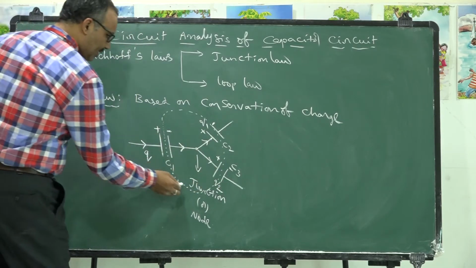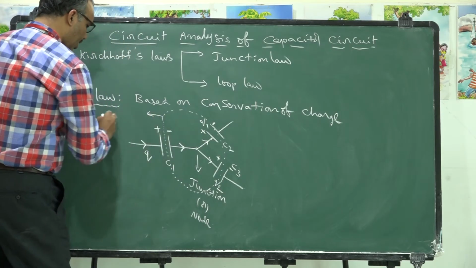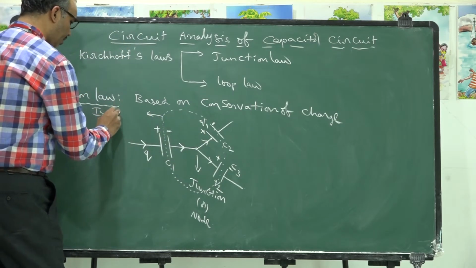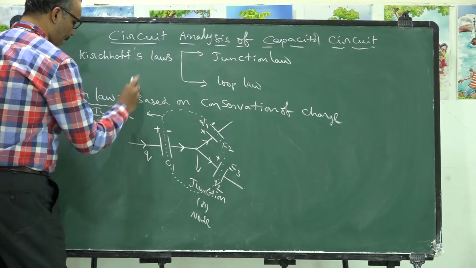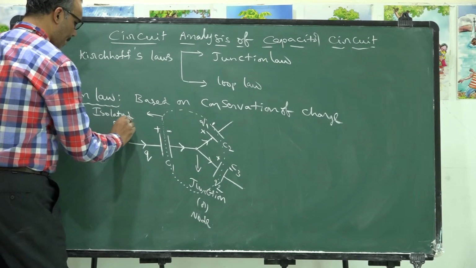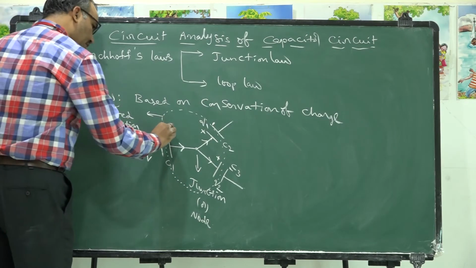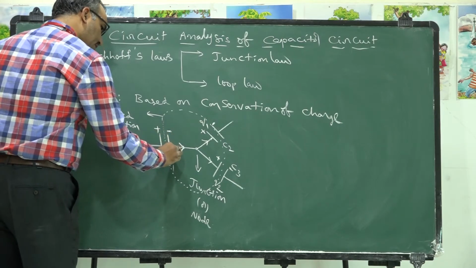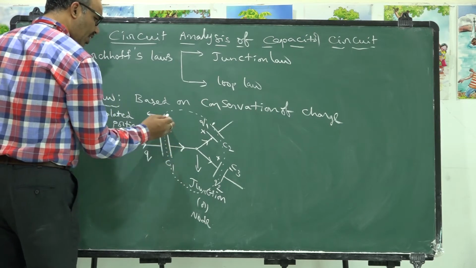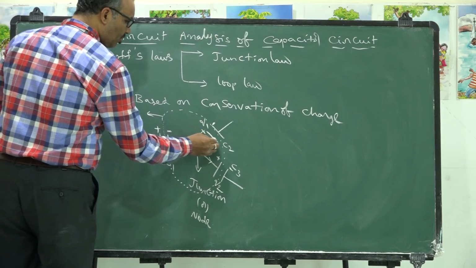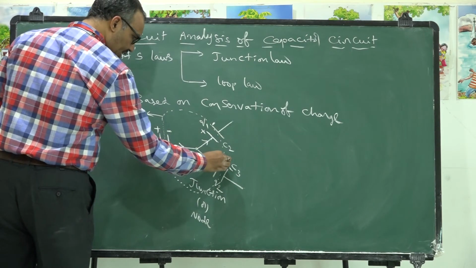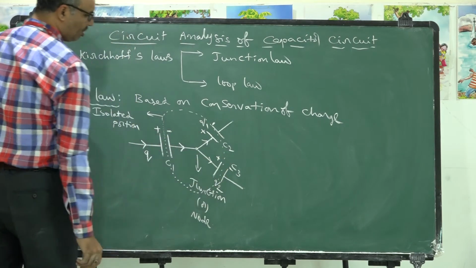If you consider this isolated portion, in the isolated portion there is the negative plate of the first capacitor, there is the positive plate of the second capacitor, there is another positive plate of the third capacitor.